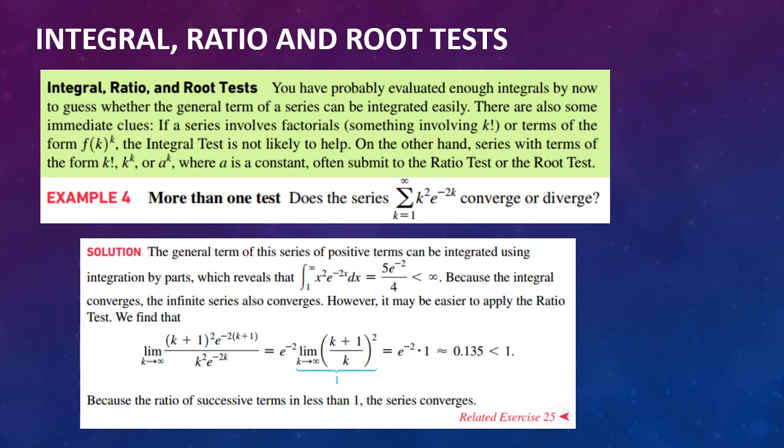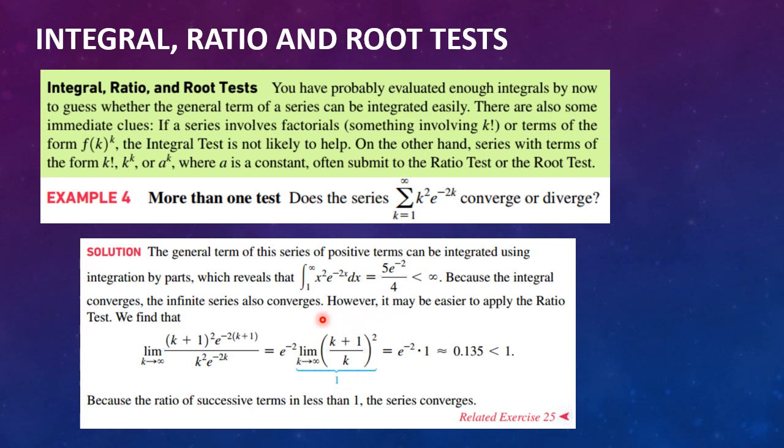However, in this case, it's probably easier to apply the ratio test, and we find that the limit, as k goes to infinity, of the original function using k plus 1 substituted for k over the original function gives us e to the negative 2, the limit as k goes to infinity of (k plus 1) squared over k squared.